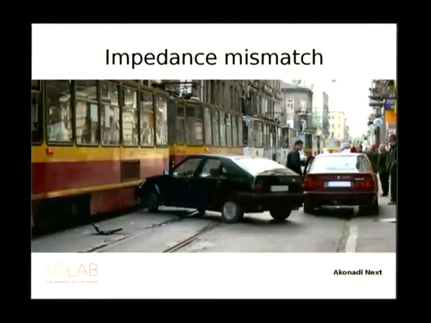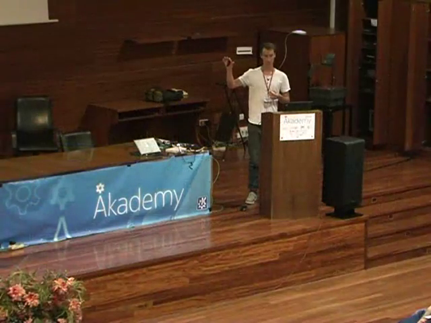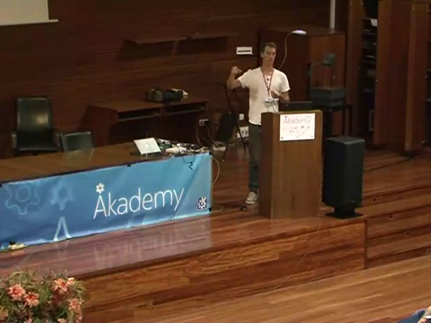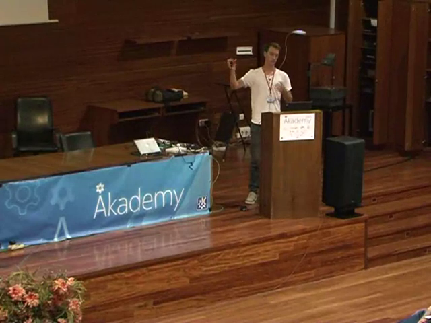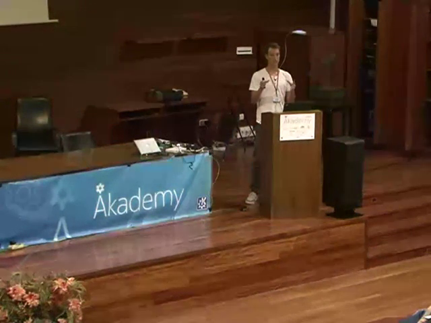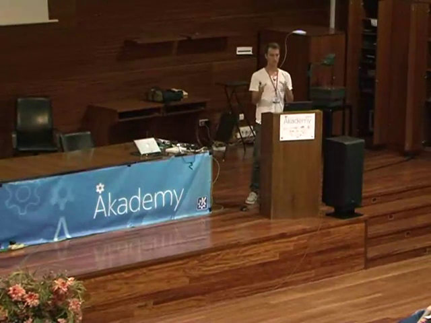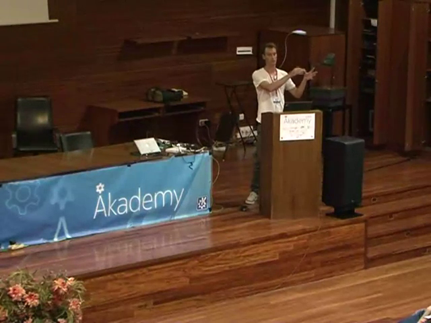The last problem that we have is the impedance mismatch between the source on one side, for instance the IMAP server or your groupware server, the domain model that Akonadi has, which consists of collections and items, and then the domain model of the application.